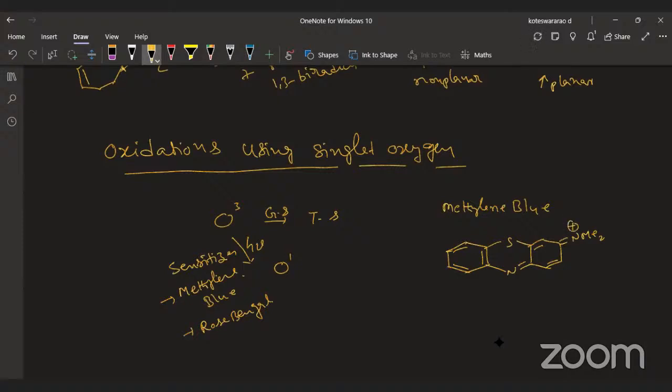This is methylene blue. Okay. Next, rose Bengal.